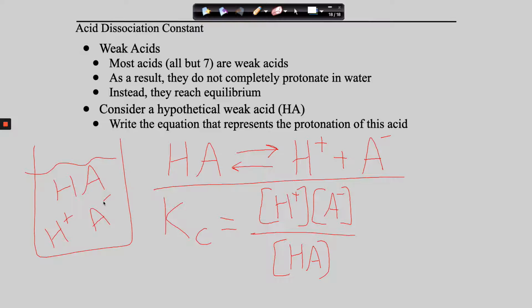So they're all dissolved, but they are not all protonated. Protonation is the word that we give to the ionization of acids. But that's a great clarifier. They're exactly the same.